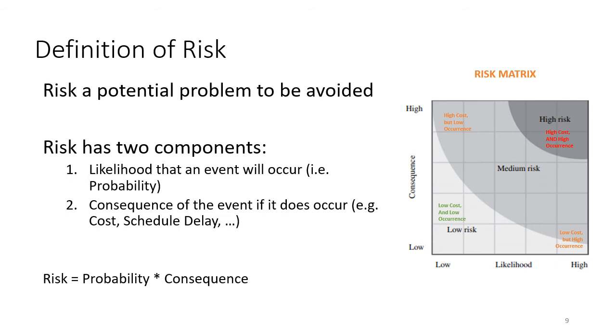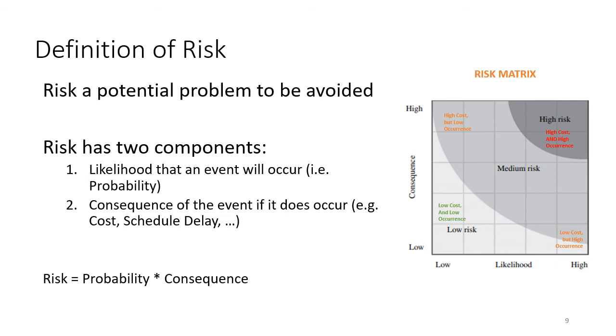On the bottom of the page, we typically come up with a quantitative measure of risk as the probability of occurrence times the cost or the effect of the consequence. One way to represent those is shown on the right-hand side in a risk matrix. The horizontal axis is the likelihood of the event, the vertical axis is the consequence of the event, and when you join those two together, you end up with these quadrants.